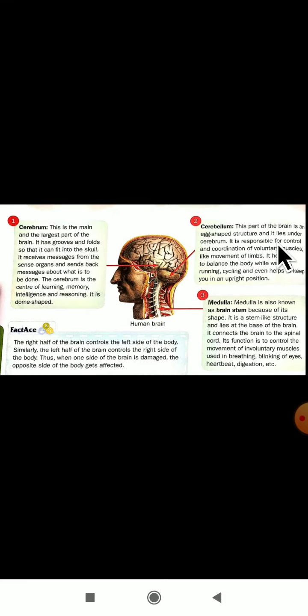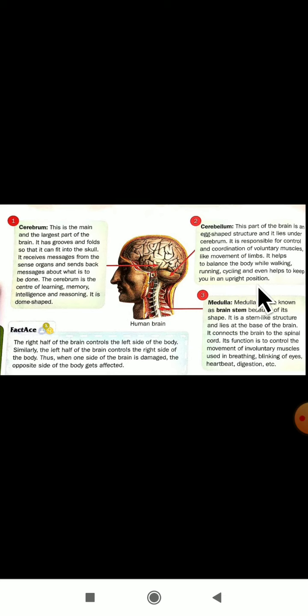It is responsible for control and coordination of our voluntary muscles, like movement of our limbs. It helps to balance the body while walking, running, cycling, and even helps to keep you in an upright position.